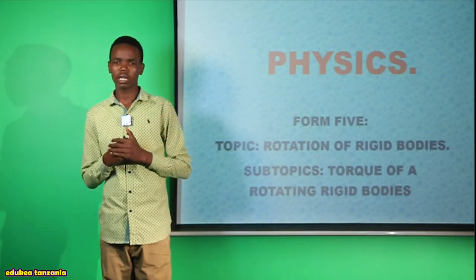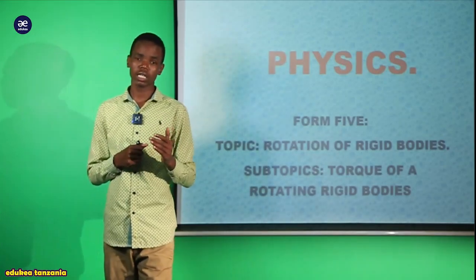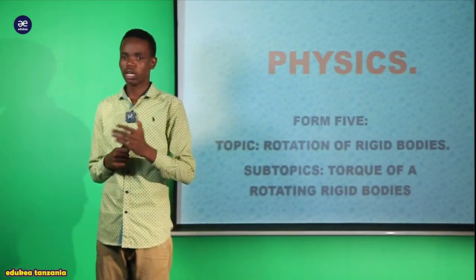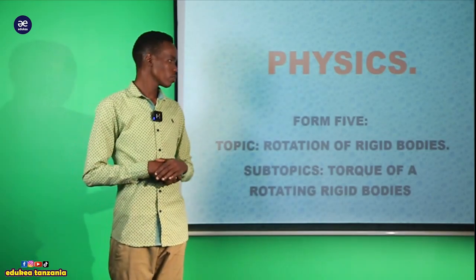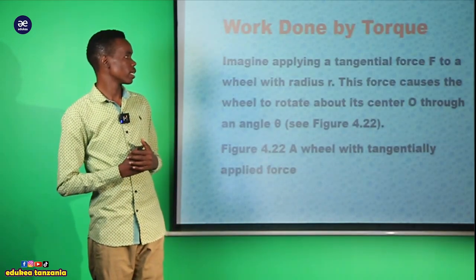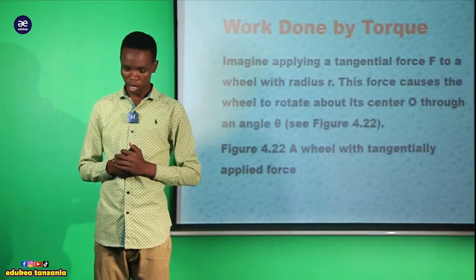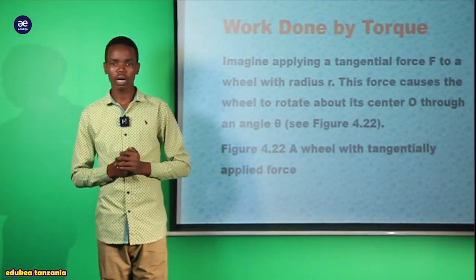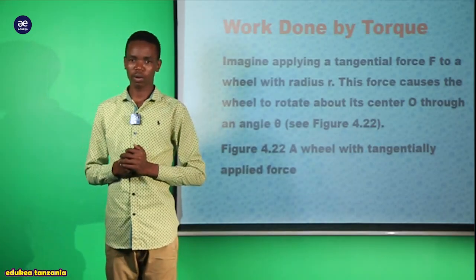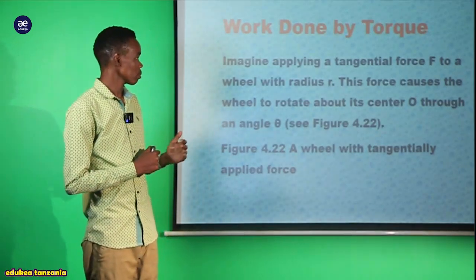We recalled the third Newton law equation so as to find the velocity. But now let us see the work done by the torque. How can we get the work done by the torque? That is what we are going to demonstrate in today's discussion.